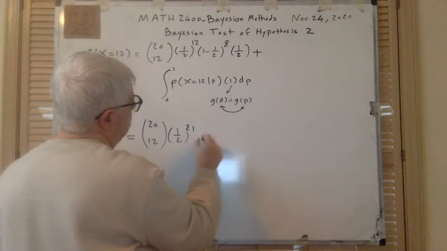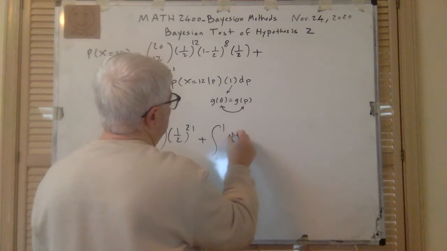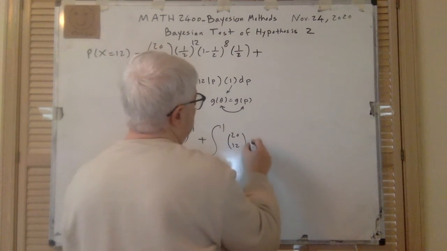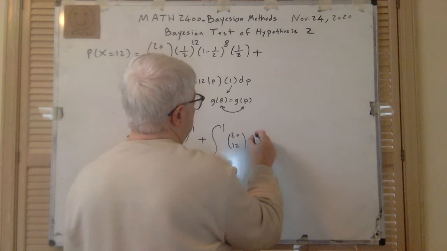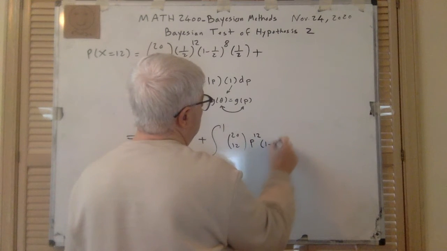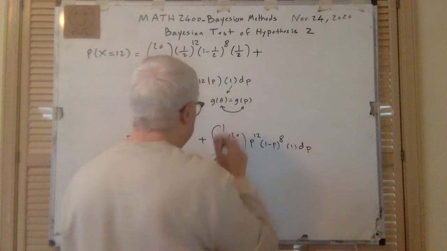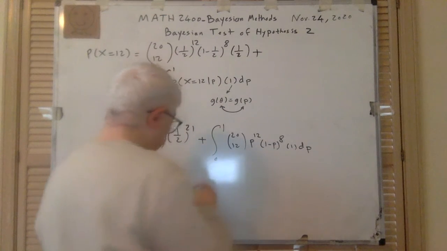And this one is the integral from 0 to 1. What is this? This is 20 choose 12, that's just a number, and p to the power 12 times 1 minus p to the power 8 times 1 times dp. So I'm dealing with an integral like this.